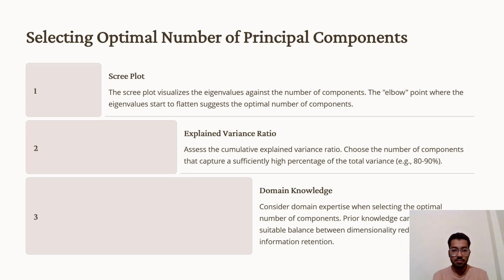Choose the number of components that capture a sufficiently high percentage of the total variance, for example 80 to 90%. Then third is domain knowledge. Consider domain expertise when selecting the optimal number of components. Prior knowledge can help determine a suitable balance between dimensionality reduction and information retention.